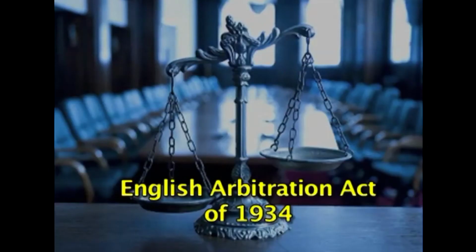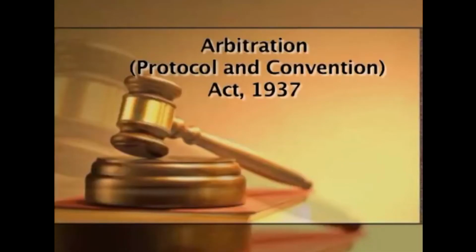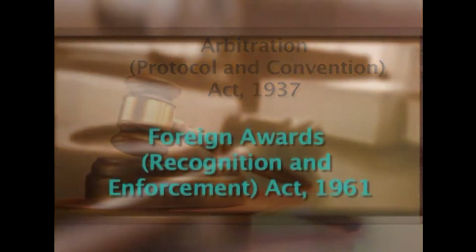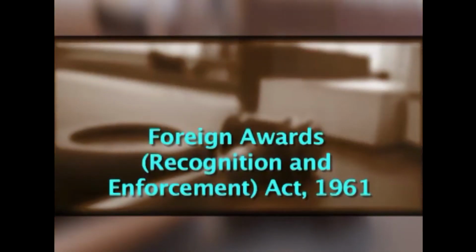It dealt with domestic arbitration and was based on the English Arbitration Act of 1934, whereas international commercial arbitration and enforcement of foreign awards was governed by Arbitration Protocol and Convention Act 1937 and Foreign Awards Recognition and Enforcement Act 1961. Let us examine the basic features of Arbitration Act 1940.